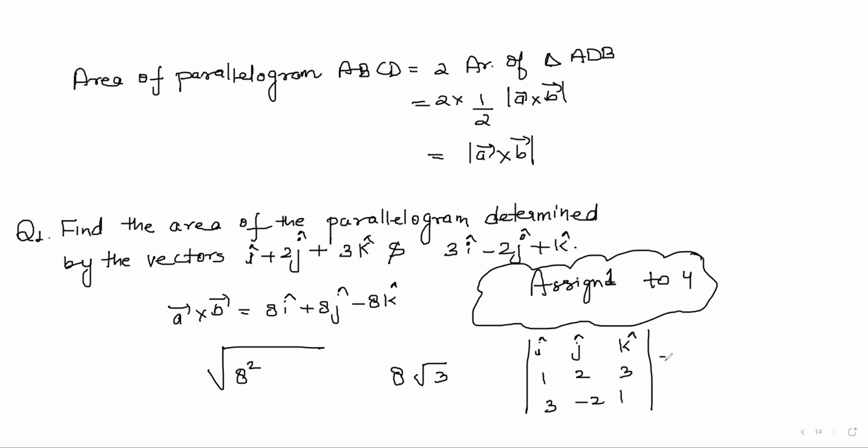If you're finding the i cap, then this one: 2 plus 2 into 3 is 6. So this will give you 8 i cap. The rest is correct. You're making the mistake here. Is it clear now, Abdur?